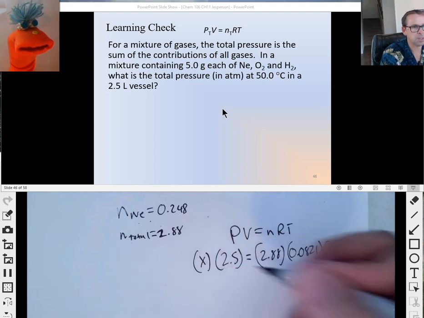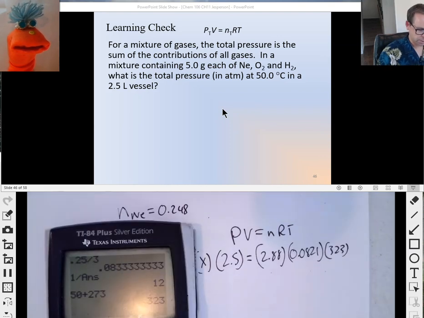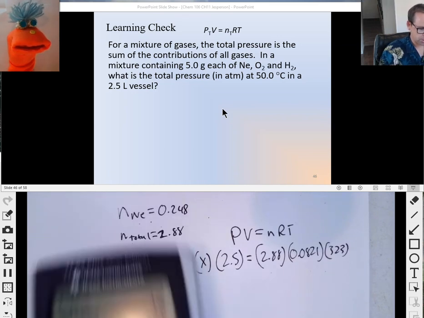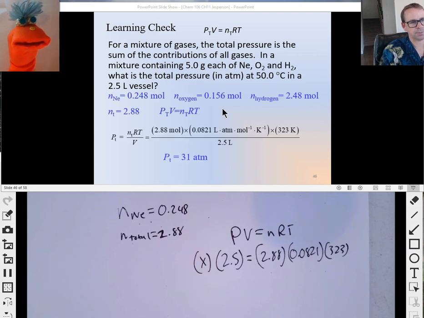So that leaves behind the pressure. So if we have 323 times 0.0821 times 2.88 divided by 2.5, that's 30.5 atmospheres. Okay. Good job, Fred. All right, good place to stop.